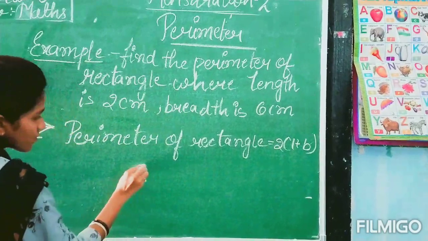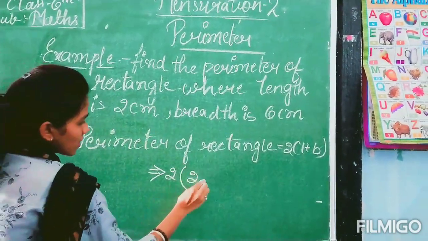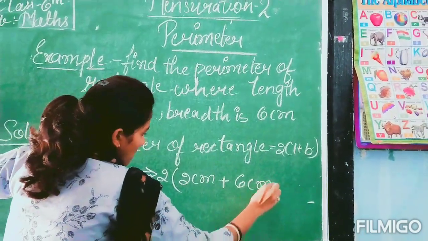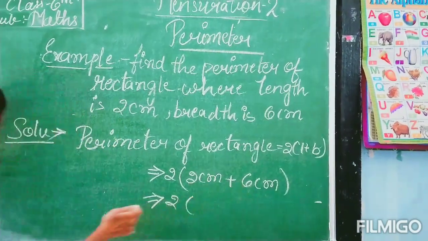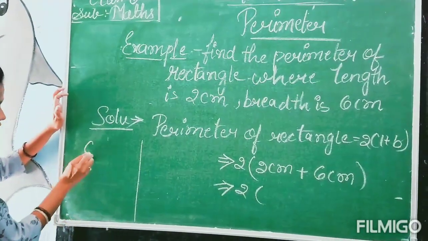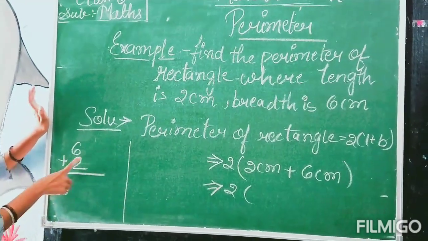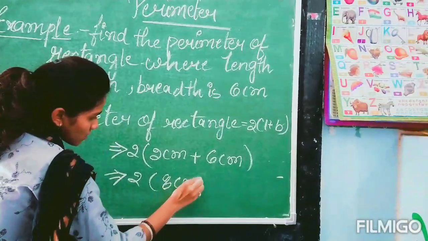Put the value: 2 into (6 plus 2). 6 plus 2 is 8 centimeter.